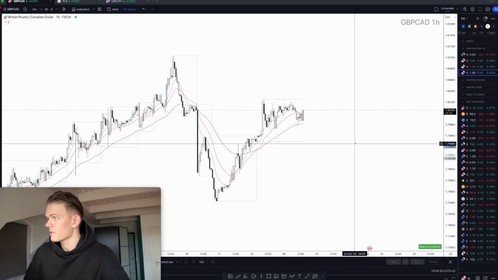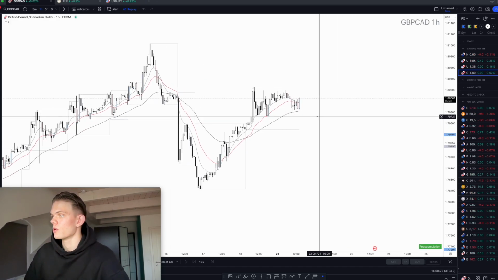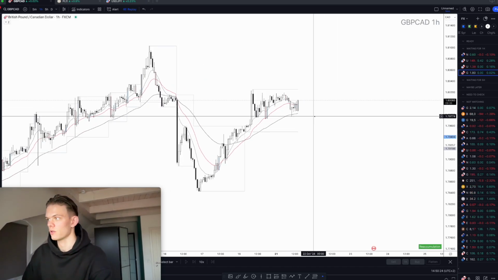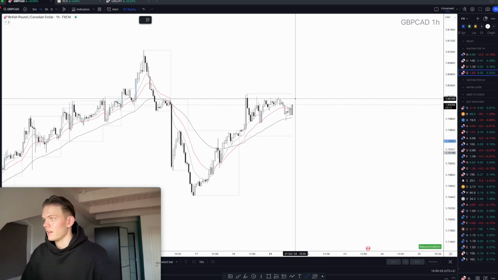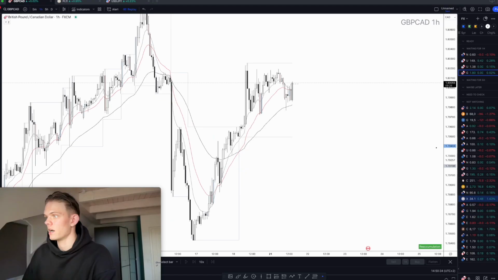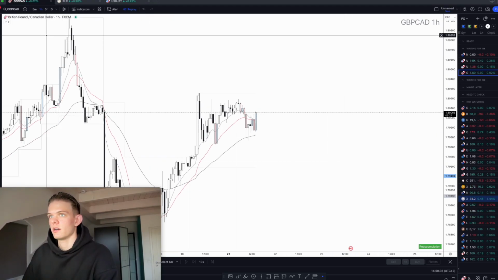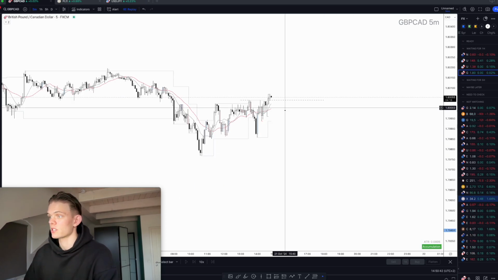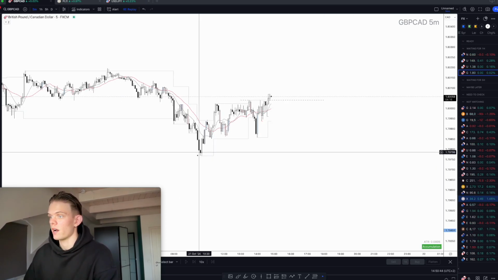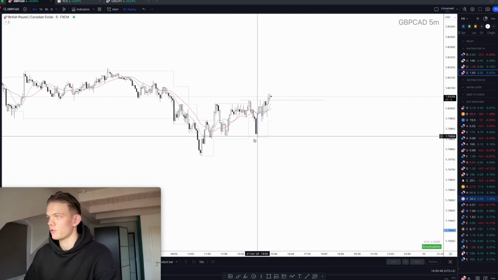We do have something nice on GCAT, so I was waiting for that 1-hour candle to close. We have 9 minutes left, so if they close above here, I do want to get in there, obviously on the 5 minute right now. If we would close just like this, we would have major flush 1, flush 2.